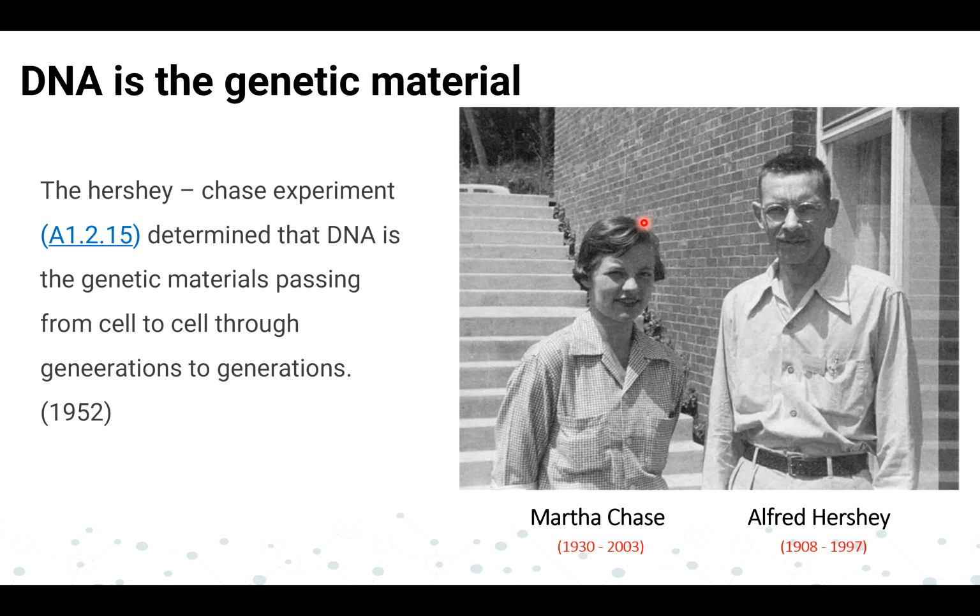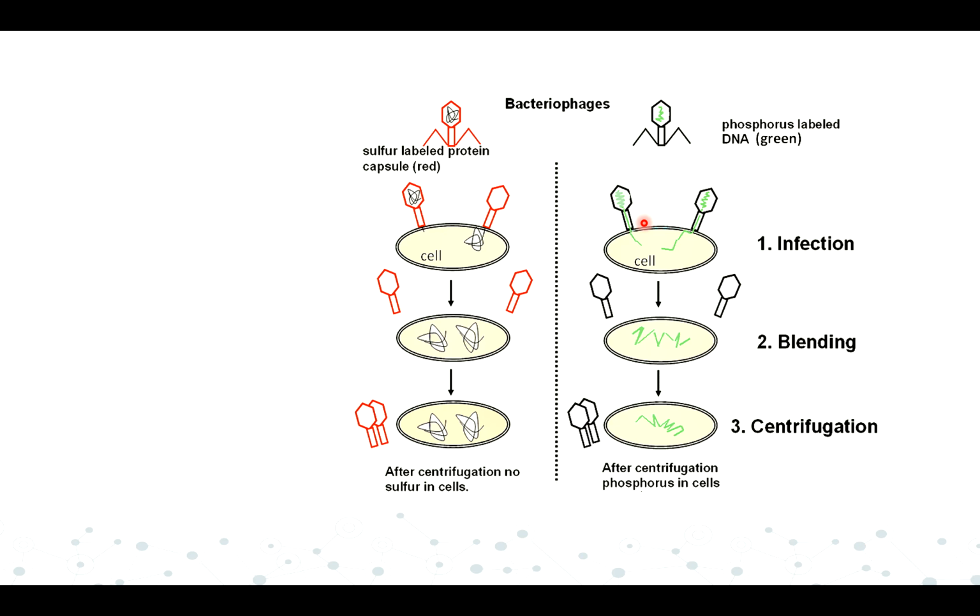They have done an intensive experiment to demonstrate that DNA acts as a genetic material. We'll discuss how and what kind of experiment they have done to prove that DNA is acting as a genetic material. It will come later on in the slides. Let's go to the next section. So this was the basic idea of what they have done.